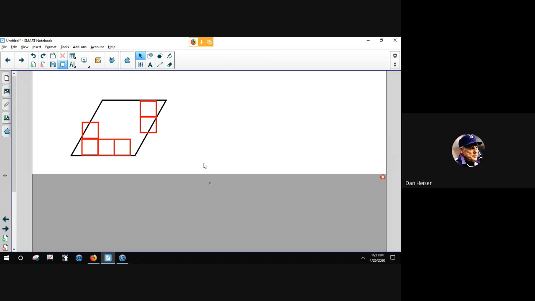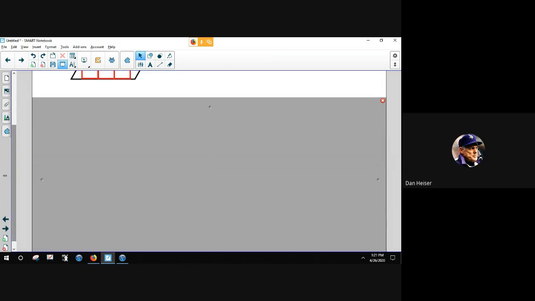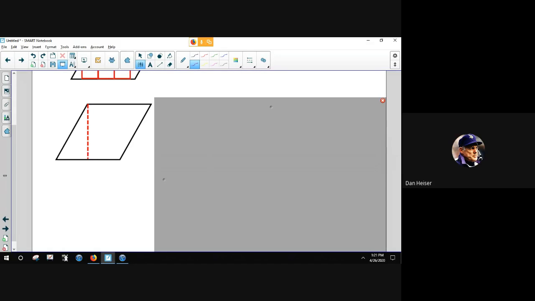And with a parallelogram, we have a better way to do this. I'm going to draw a vertical line like so, and I want to do it in a certain way. That's going to be a right angle. I'm going to start at this vertex, go straight down here, and when I do that, I create a triangle and a trapezoid.